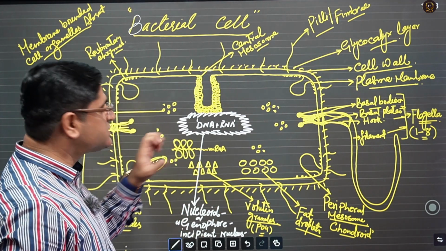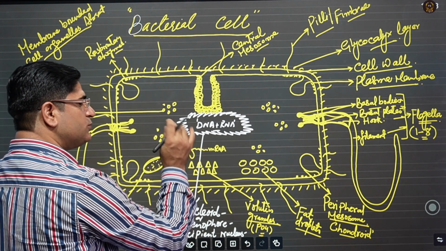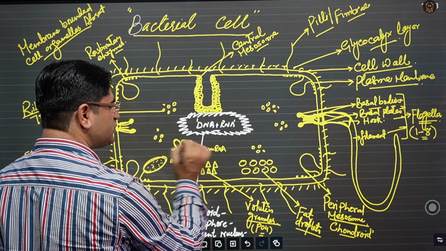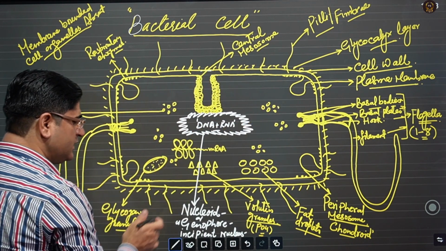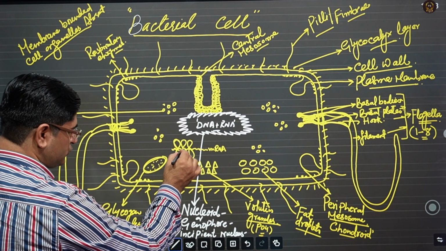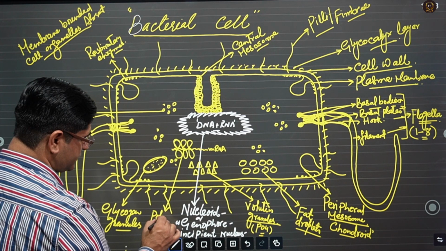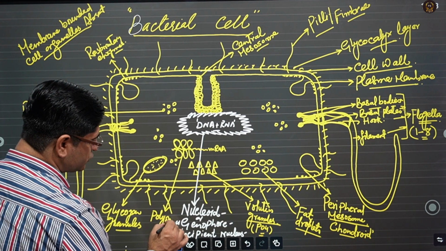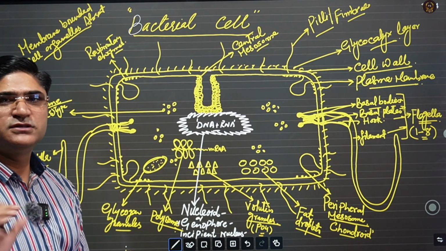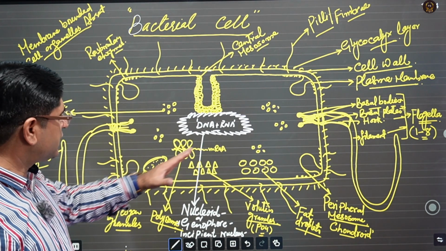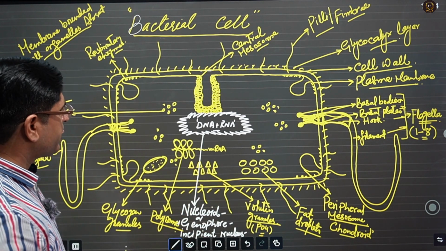That structure where more than one ribosome is attached to the mRNA molecule in the cytoplasm is known as polysome. Remember, that is called polysome. So these are also some structures formed within the bacterial cell.